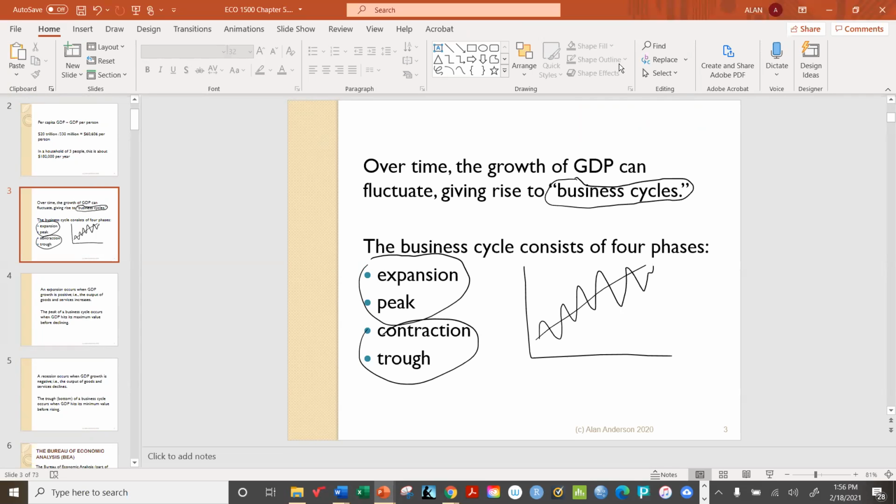You can't completely get rid of them, but ideally, you would like to see them kept to a minimum. And so there's a lot of discussion in macroeconomics about policies that are designed to help minimize the severity of the downturns in a business cycle and try to encourage stronger and more frequent expansions. All right, so this is actually a very complex area that we're wading into here.